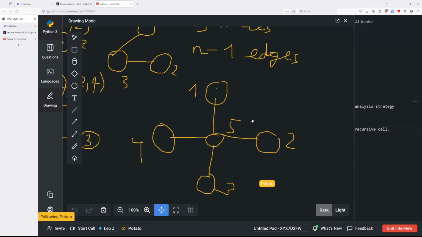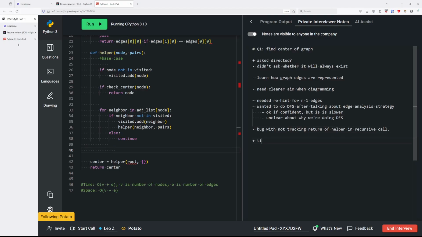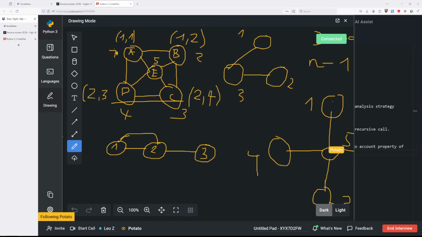We need to visit all of the nodes in the graph once. The edges would be the paths from node 5, the center node, to every other node, so we also visit the edges in the graph.